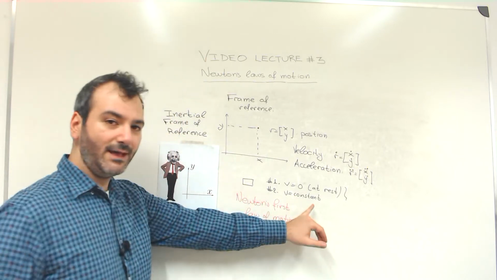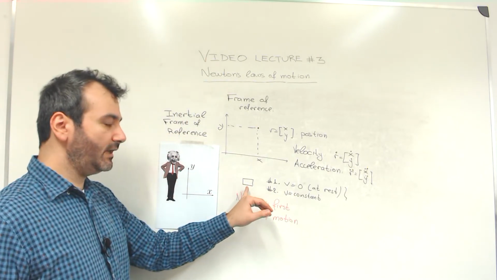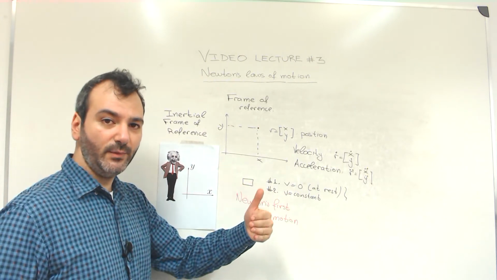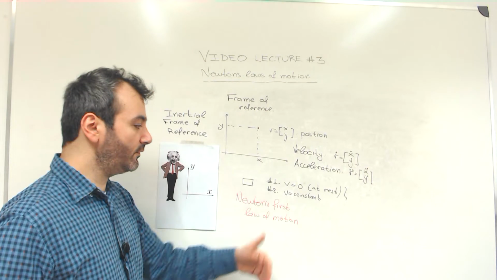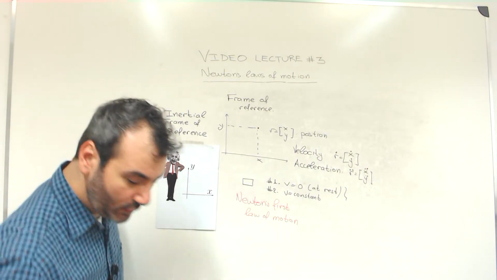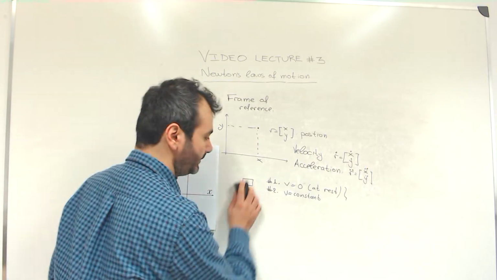And then this implies something. This implies that if you apply a force, then the velocity will change. This means that there will be a rate of change of the velocity. What is that? This is now explained by Newton's second law of motion.